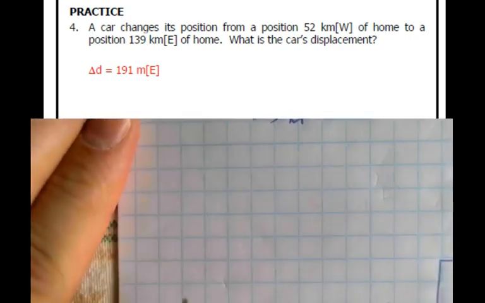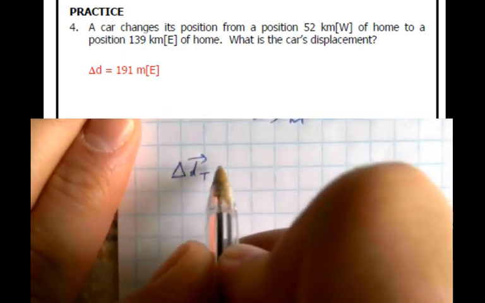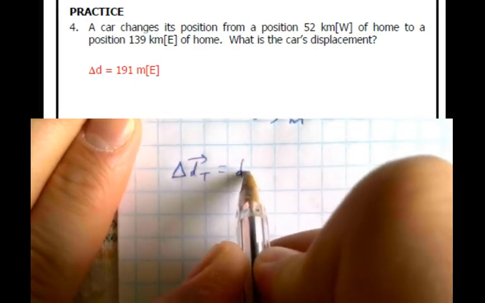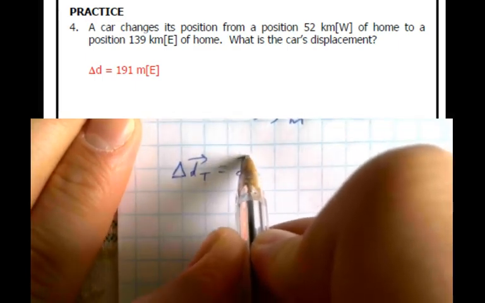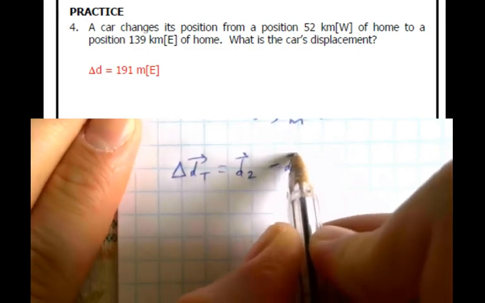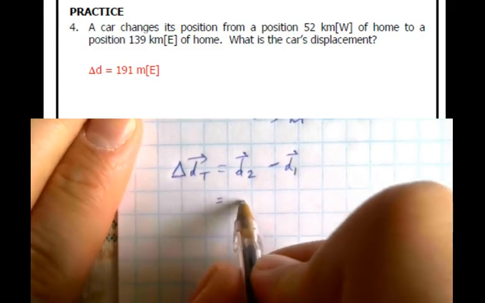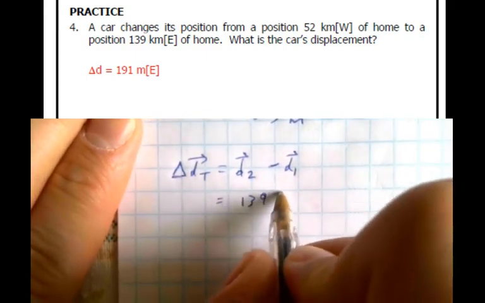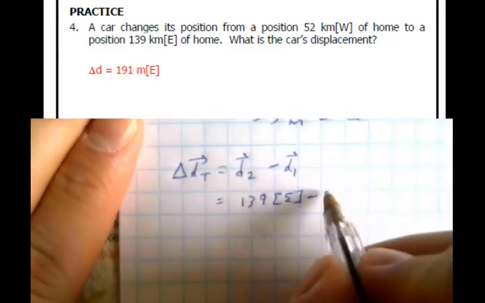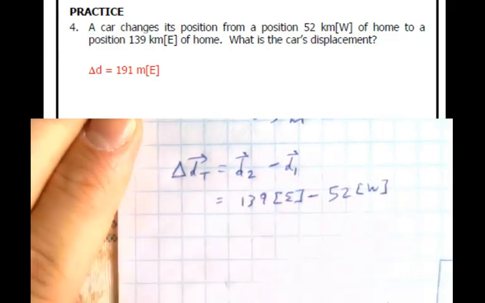Okay, so we'll figure this out by looking at the change in position. So that is my position 2, my second position, minus my position 1, which is my initial position. My second position is 139 east, or my final position, minus my 52 west.